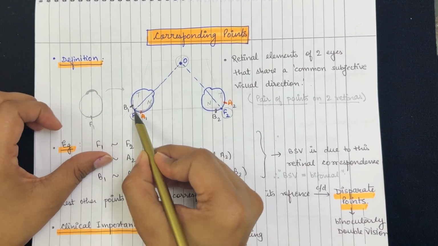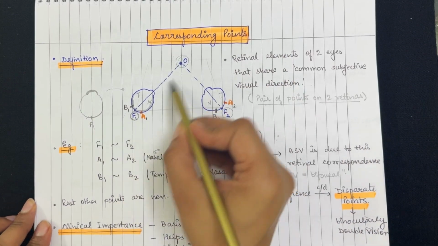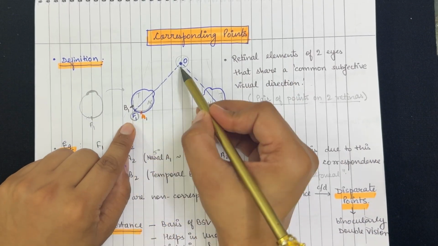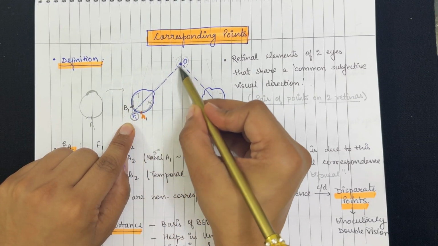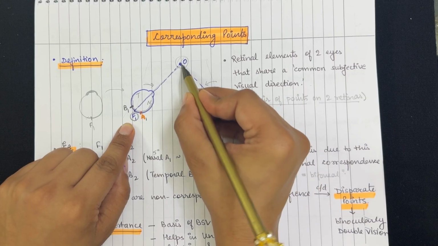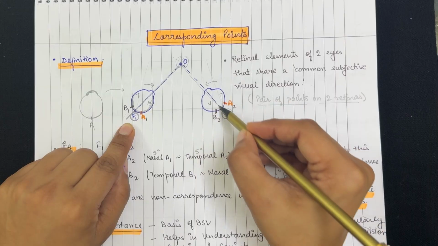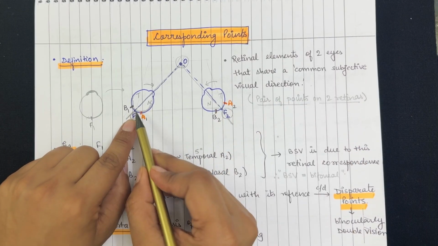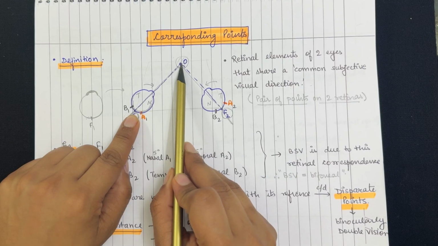For the fovea, we know we have to focus things on the fovea for clear vision. So suppose I want to see this object, this eye will turn to this side, right, to see this object, and this eye will turn to this side. Now its image should fall on this fovea and also on this fovea, and that's how you get a single vision for this object.